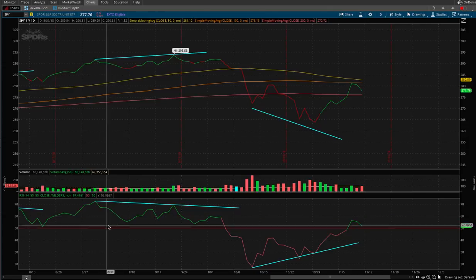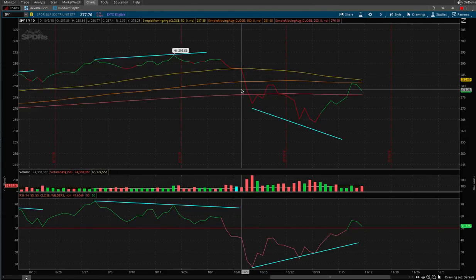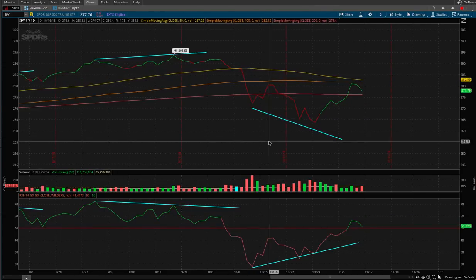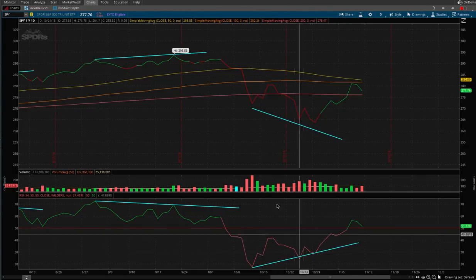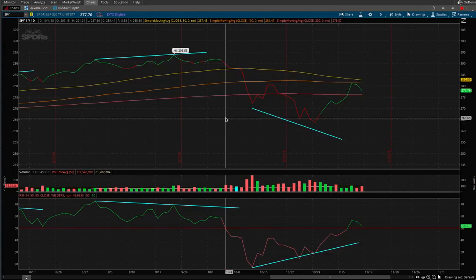Because my RSI should be a line chart of my stock, okay? And if it isn't, that means there's a divergence, okay? A divergence just means it's diverging from the mean, and the mean would be the stock chart. So if it's diverging from the stock chart, you're having a divergence.